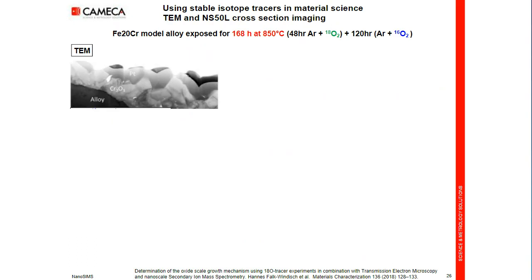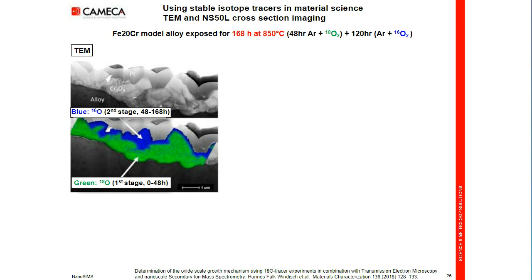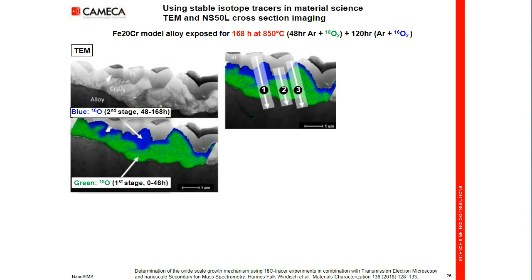Instead, one can use a different strategy, a strategy of correlative microscopy, combining TEM, giving a resolution of maybe 1 nanometer, and NanoSIMS, based on the cross-section image. So then one can superimpose the oxygen-18 image in green and the oxygen-16 image in blue, and from these images, one can draw lines and reconstruct line scans in any direction.